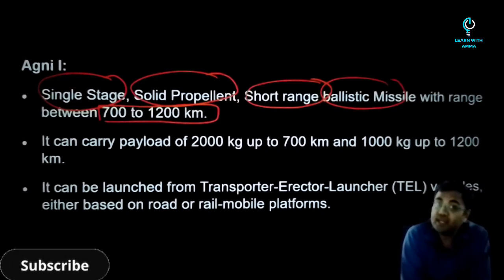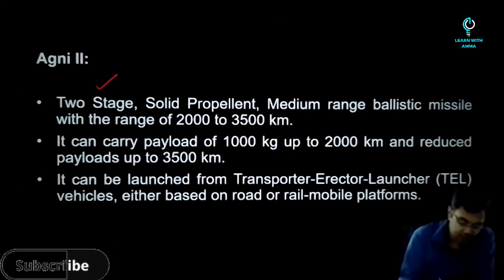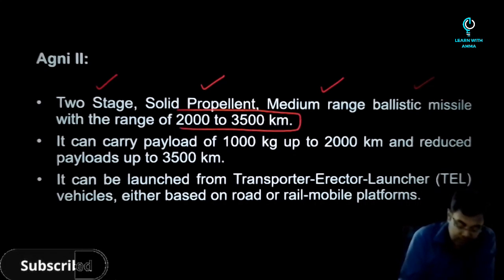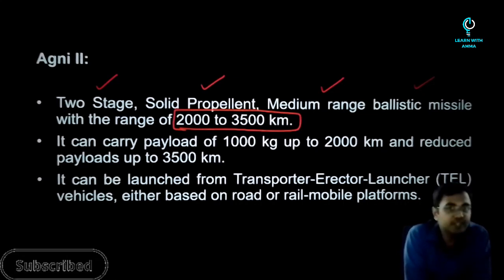Then we move to Agni 2. When we talk about the Agni 2 missile, it is a 2-stage solid propellant, medium range ballistic missile, range between 2000 to 3500 kilometers. 5 facts again: 2-staged, solid, ballistic, medium range, and the range being between 2000 to 3500 kilometers.